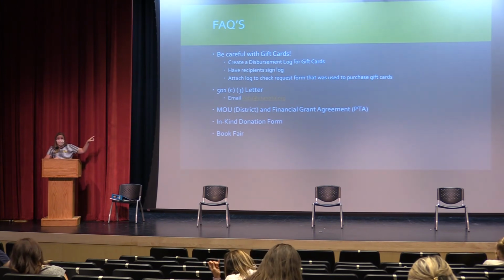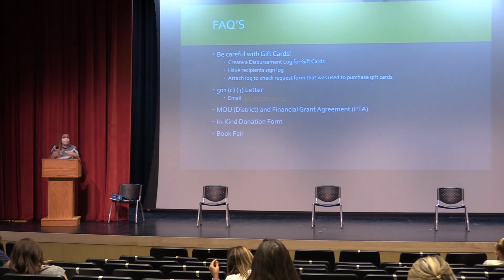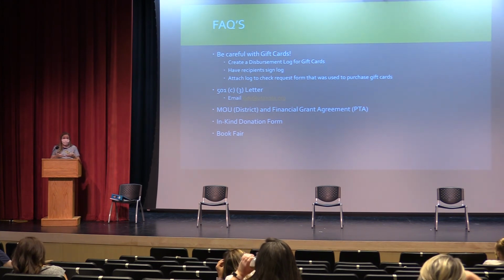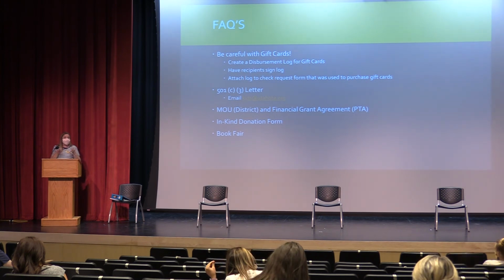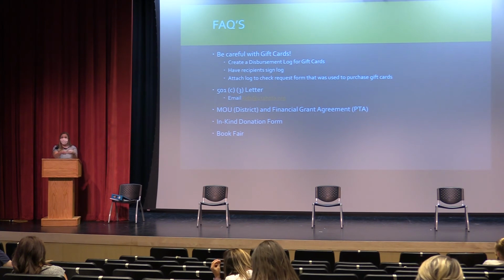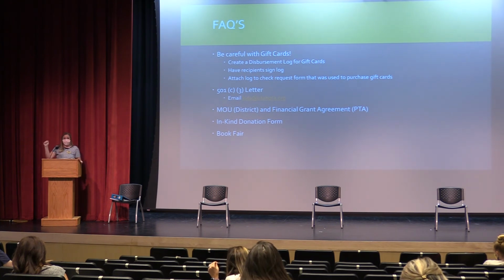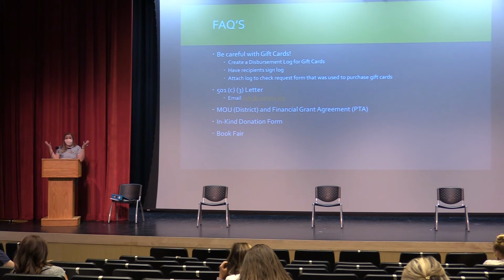And then there's another form that is called the Financial Grant Agreement. This needs to be filled out if your PTA is gifting money to your school to pay for a specific something. For example, some schools or some PTAs give their school money to pay for field trips. So they put in their budget $5,000 for field trips. Which, great, if your PTA has that amount of money to share, wonderful.